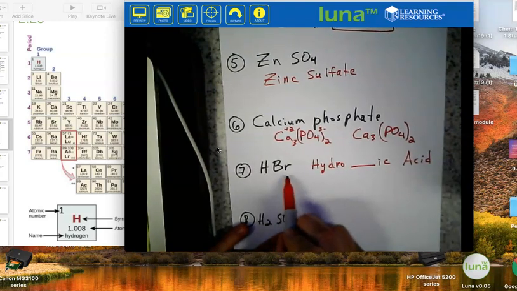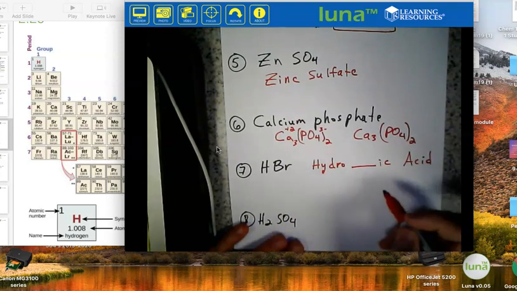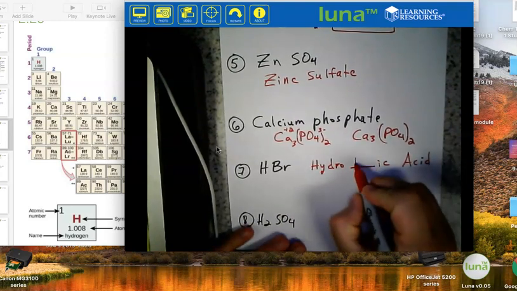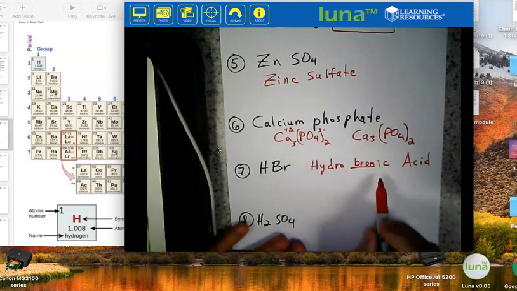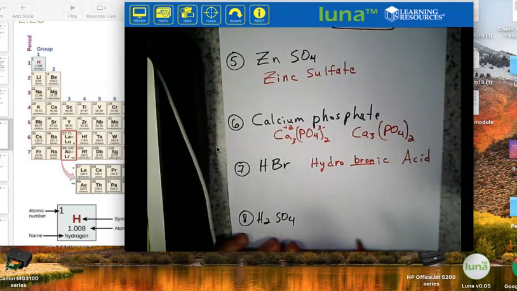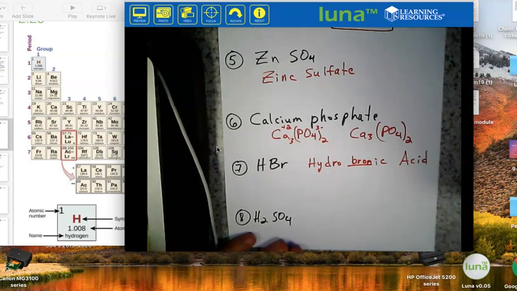So because we're dealing with HBr, bromine becomes bromic, so the name would be hydrobromic acid. And this is true for every binary acid.